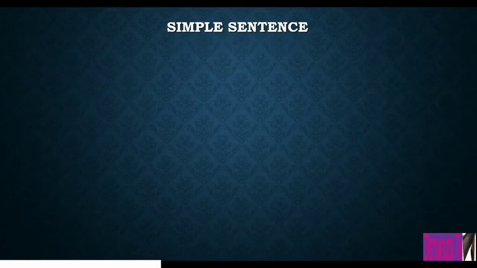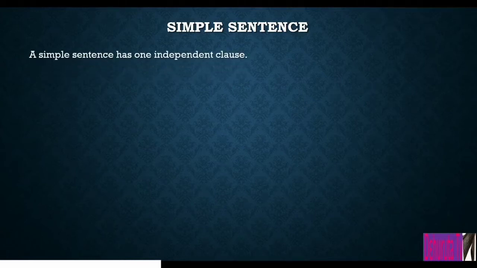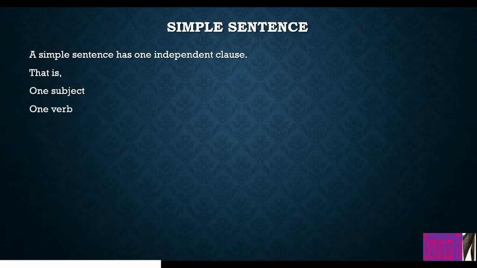Now let's look at the first one, simple sentence. A simple sentence has one independent clause. And when we say independent clause, what do we mean? The sentence must have one subject and then one verb.